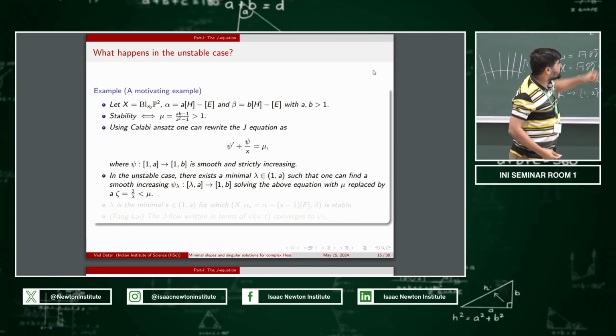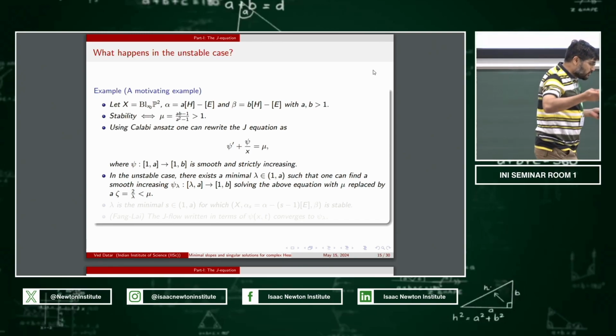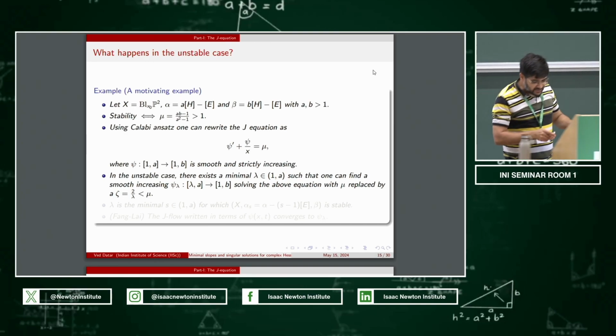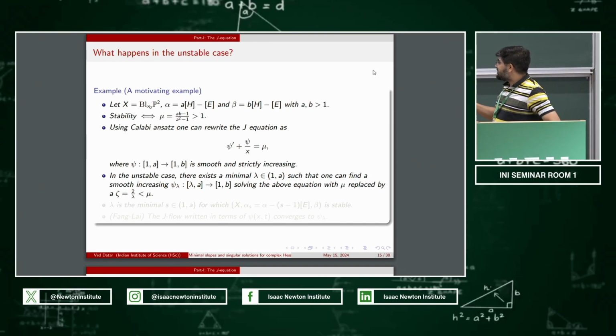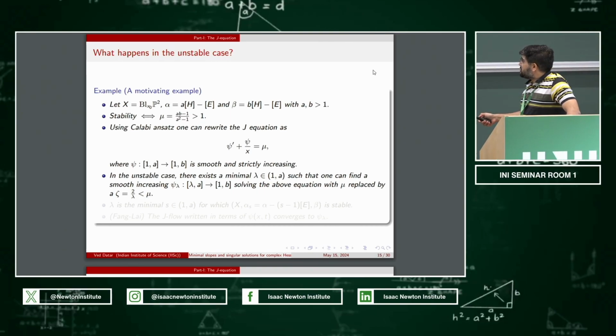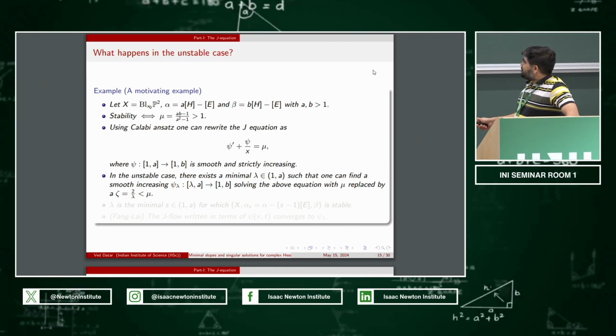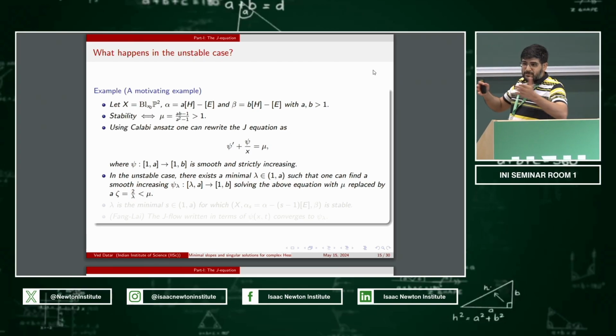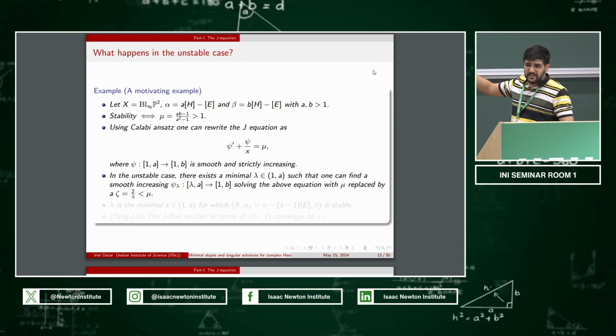So the constant will depend on S, and you're again looking for increasing solutions. It turns out that this limiting solution that Fang and Lai found, which depended on this parameter lambda, and this lambda is precisely the minimal S for which you have an increasing solution to those equations.